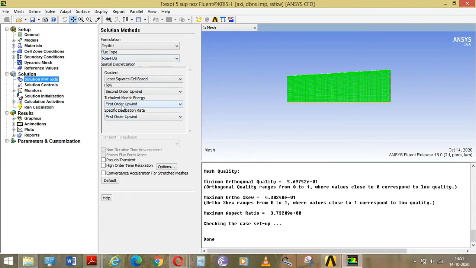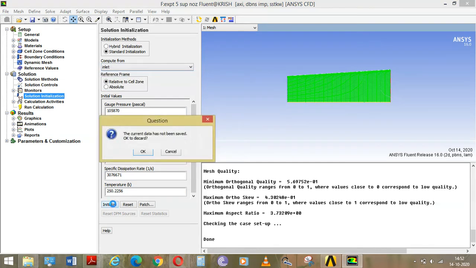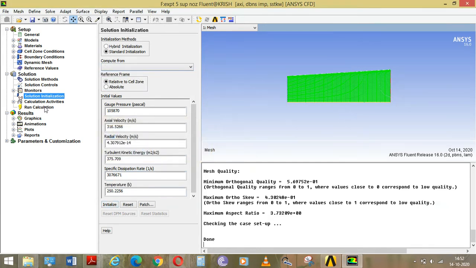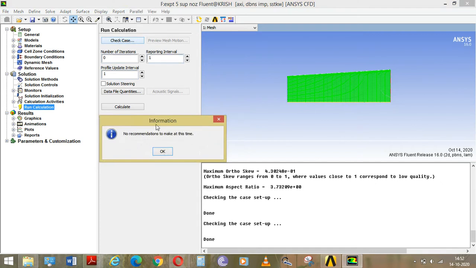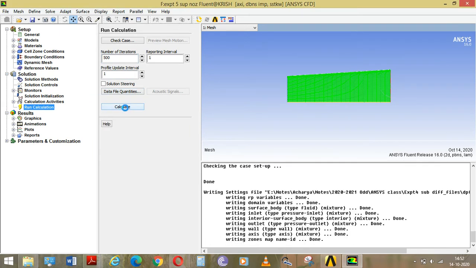You see here the turbulent kinetic energy and dissipation rate are first order, we can change them to second order. Every time you do some changes before this step, you have to initialize. Now, no recommendations to make. 500 iterations and compute.